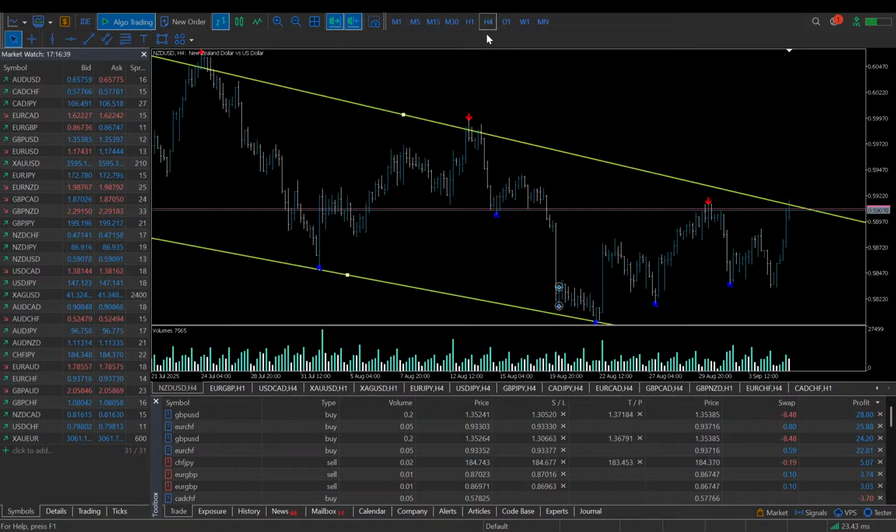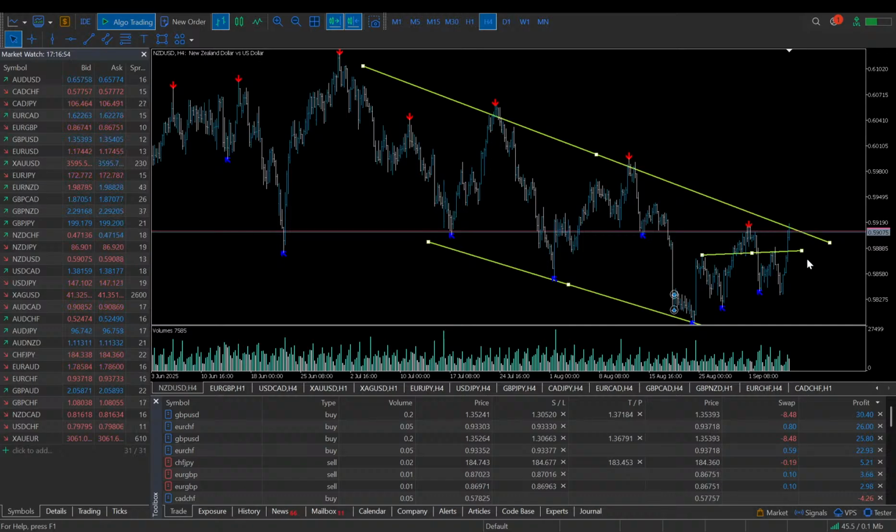If I look at my 4-hour, yes, it's been ranging already, but I'm not satisfied enough with the range, so I'm looking for a small retest and price to be outside this channel down before I go in for that buy trade. So I'm waiting to see that.